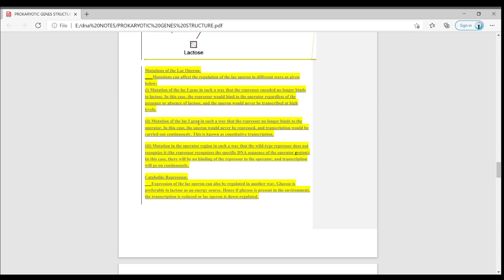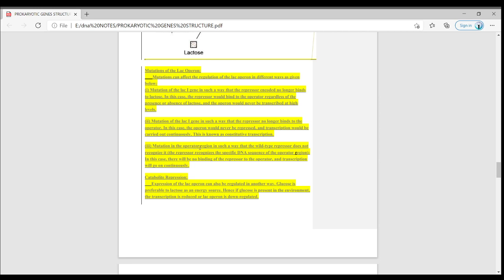So, a mutation of the lac-I gene in such a way that the repressor will no longer bind to the operator. In this case, the operon would never be repressed and transcription would be carried out continuously. This is known as constitutive transcription.